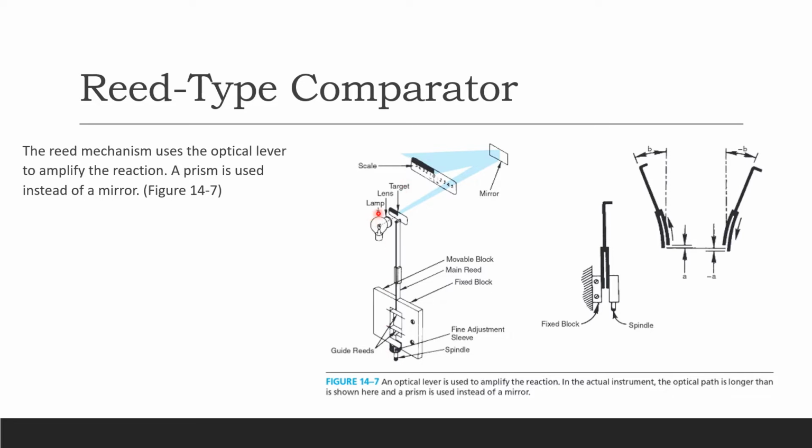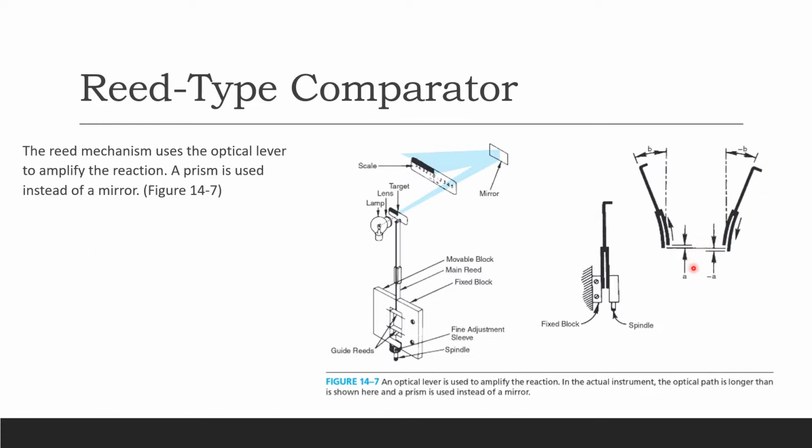So here we have our lamp, your lamp is right in there, and then your target, this little one is right there. If you take a look at it, that's just your scale that you are able to see. Then you can also have a mirror or a prism on the other side. So that's how we amplify and indicate the scale, so that we can go on to higher amplification.